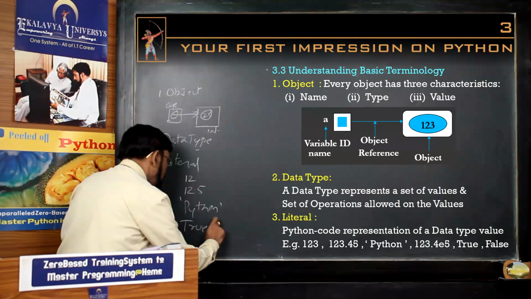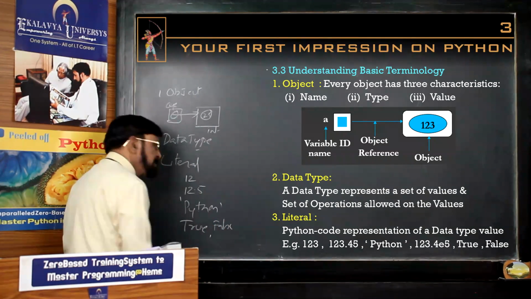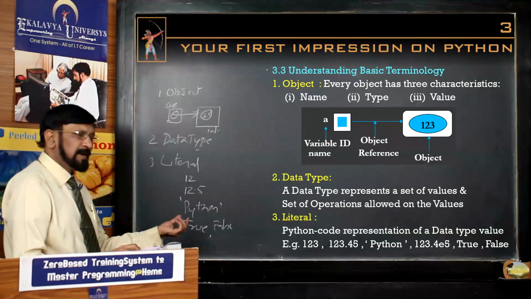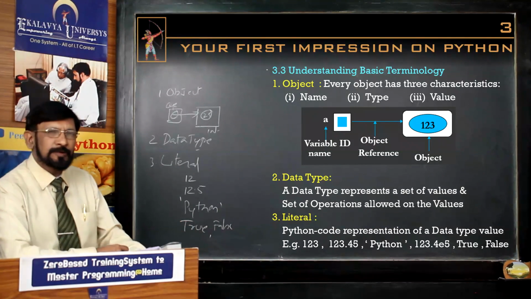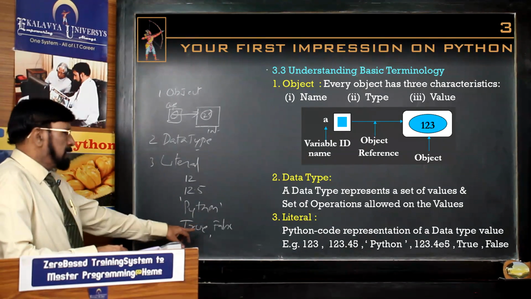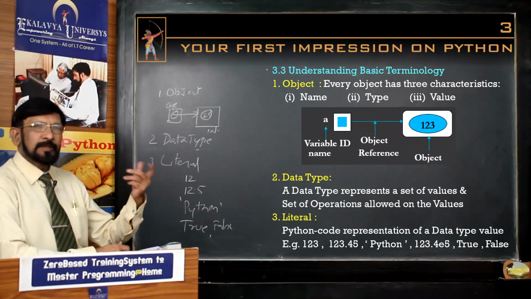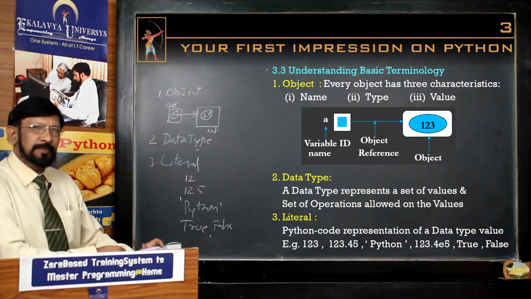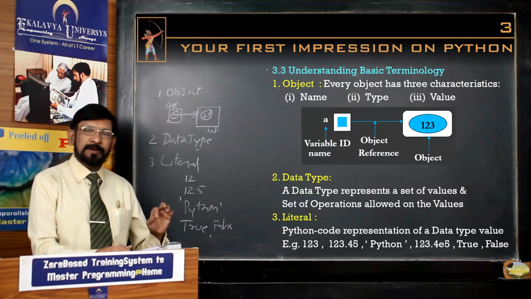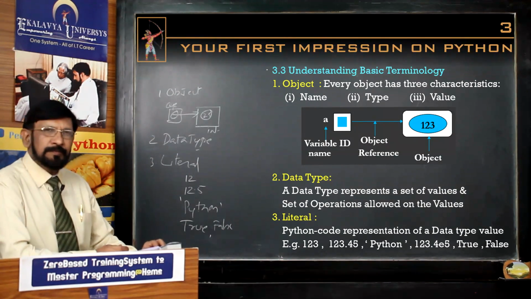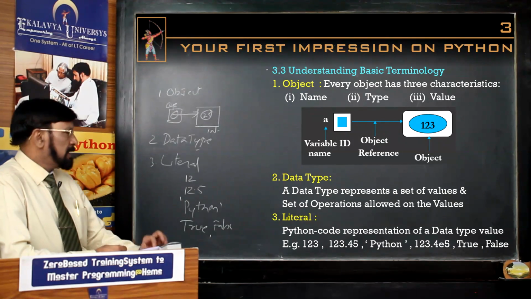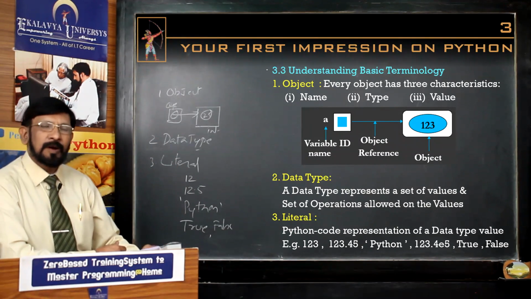True, false. These are also literals, Boolean literals. Of course, if you are new to programming, you may not know that. True and false are one specific type. So, what is a literal? A literal is a Python code representation of a certain value of a certain type.